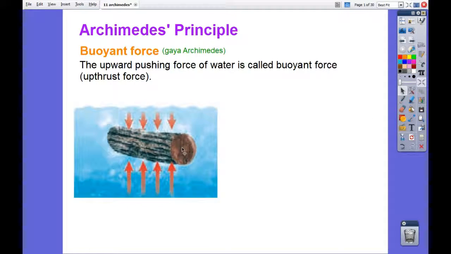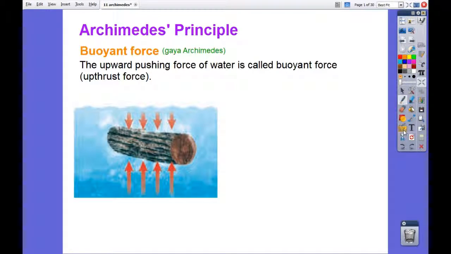So here I have a picture of a wooden log submerged inside water. It has liquid pressure on top and at the bottom of the log.